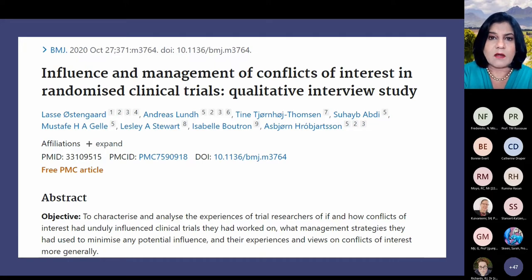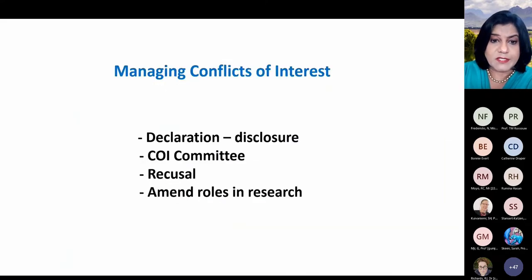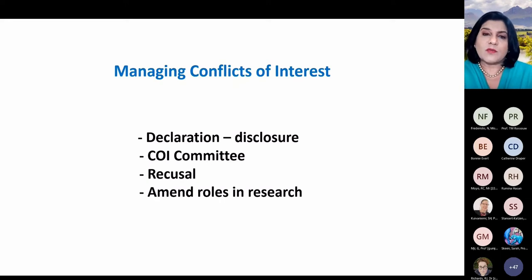So science granting councils and research ethics committees play a very large role where conflict of interest is concerned. Of course, we are all asked to declare conflicts of interest, and disclosing conflicts of interest is important, but in and of itself is not sufficient to remove the conflict or to manage and deal with the conflict.